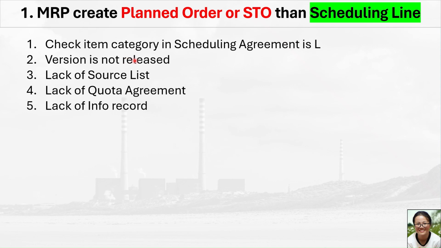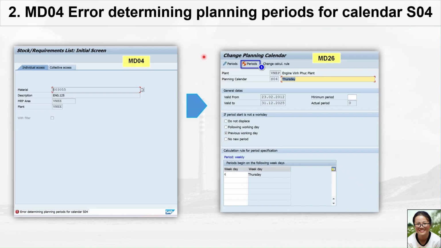Next, you check whether the source list is related or not, or a lack of storage location, or a lack of quota arrangement, or a lack of info records. Next one is when you check with MD04, the error determining planning periods for calendar. In this case, you need to define planning calendars, so this means you have to press periods or insert manually.